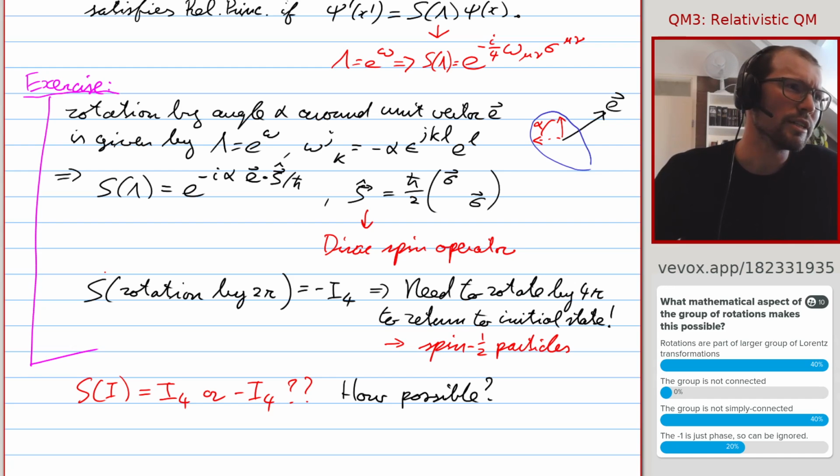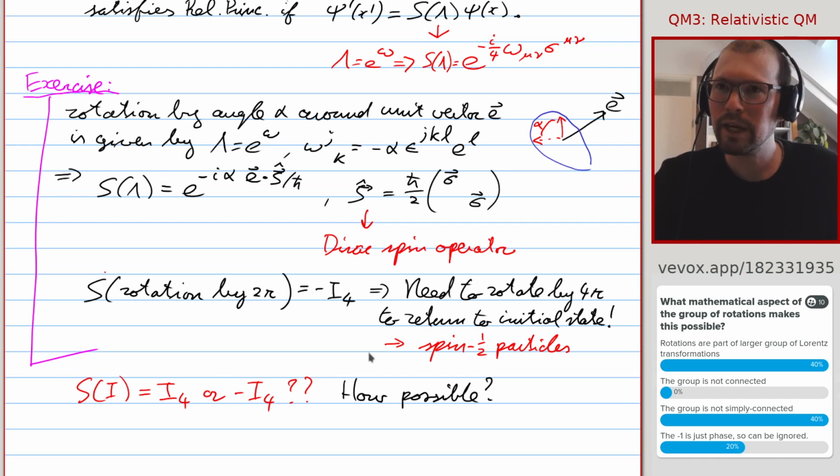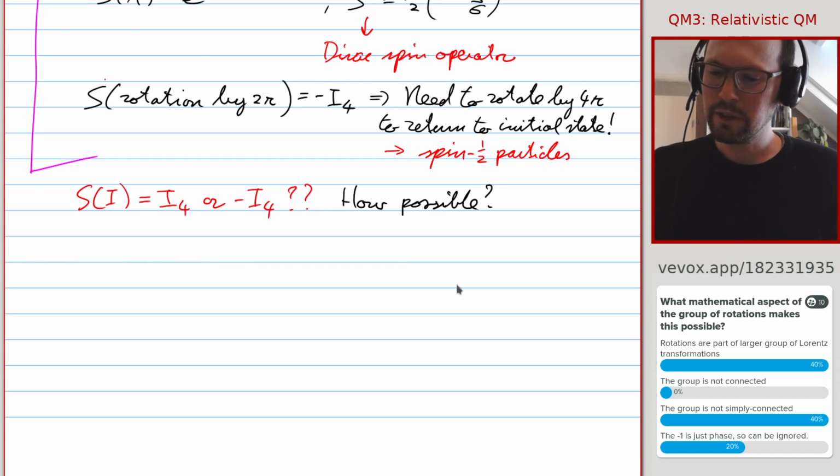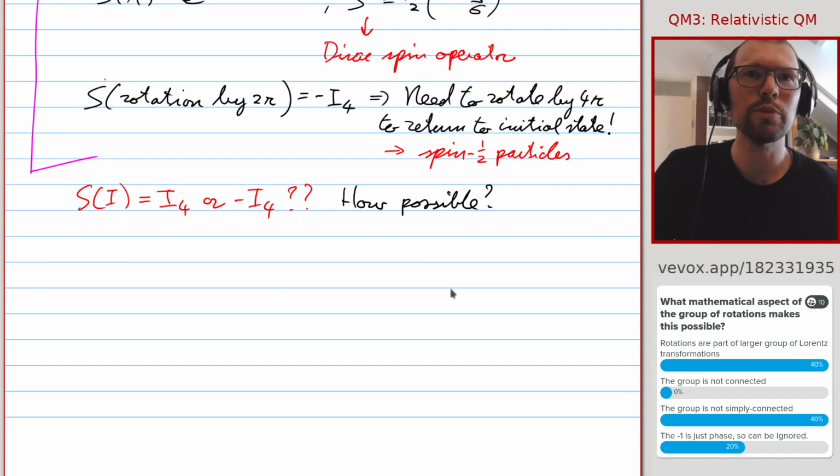The other possibility that 40% of you have voted for is that the group is not simply connected. And indeed, this is the important aspect here. I'd like to demonstrate this to you to get a bit more feeling for why it's possible to have these Dirac spinors at all.